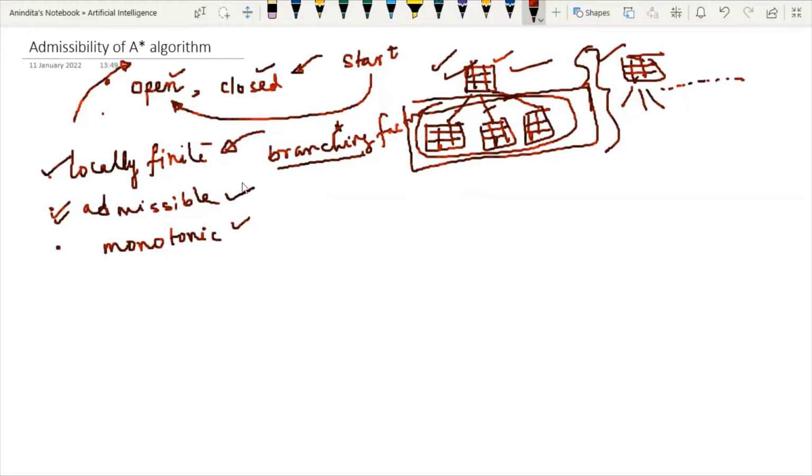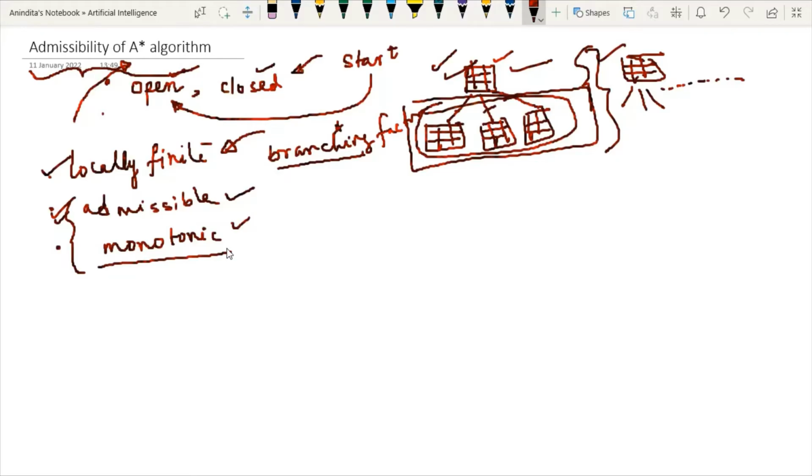We have already discussed the definition of admissible, but the definition of monotonic was not stated in the previous class. Now try to understand. Today our goal is to find out whether the A star algorithm is admissible or not, but this can be proved with the help of the property of monotonicity.